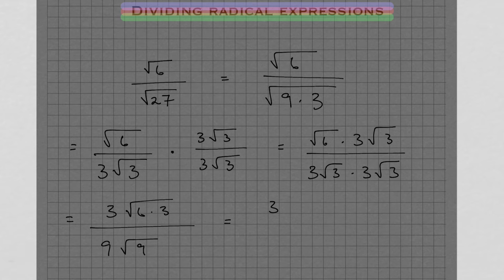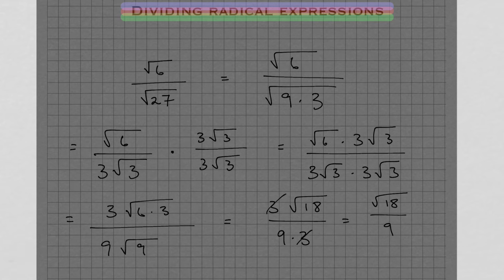So now we have 3 times the square root of 18 divided by 9 times 3. At this point you see you could cancel out this 3 and this 3. So what we're left with is the square root of 18 divided by 9.